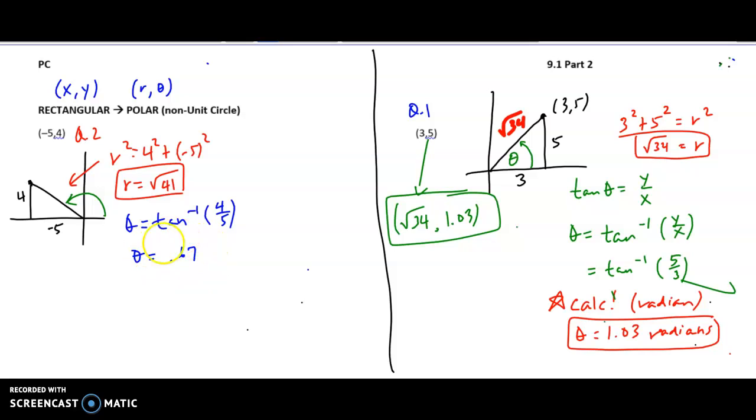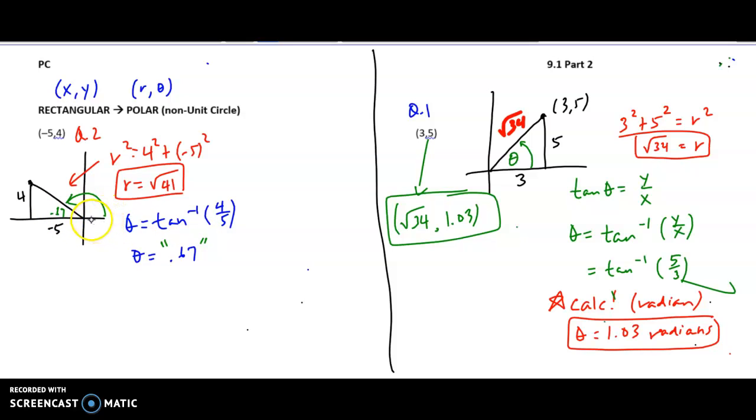That angle is actually in quadrant 1. So I'm going to put quotes around it, because the 0.67 is actually referring to the reference angle.